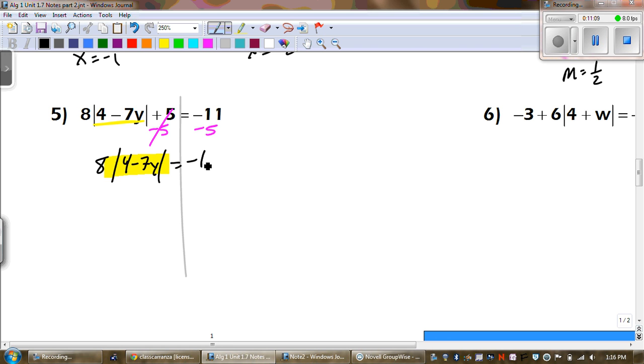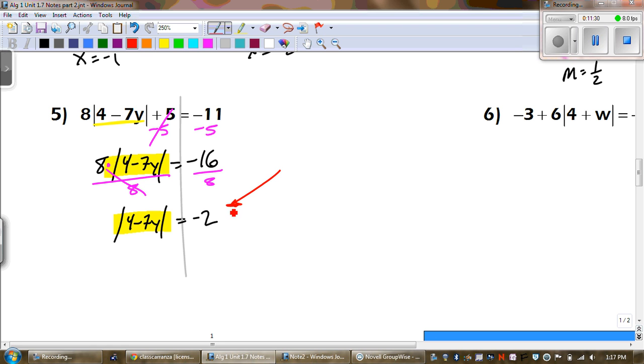Negative 11 minus 5 gives me negative 16. We have multiplication. To get rid of multiplication, I need to divide. Now my absolute value is all by itself, which is what we wanted. Negative 16 divided by 8 gives us negative 2.